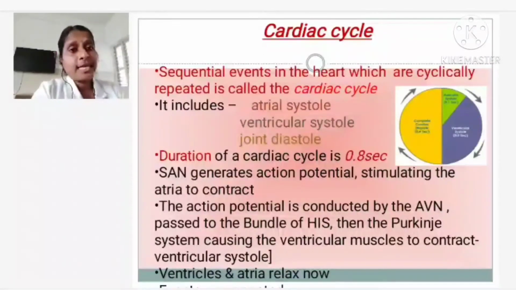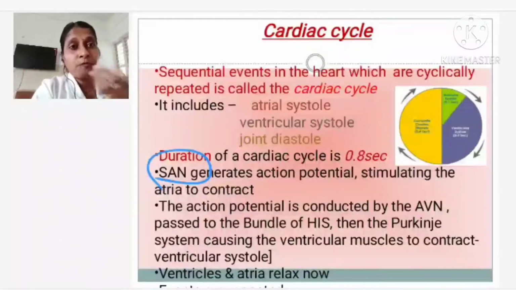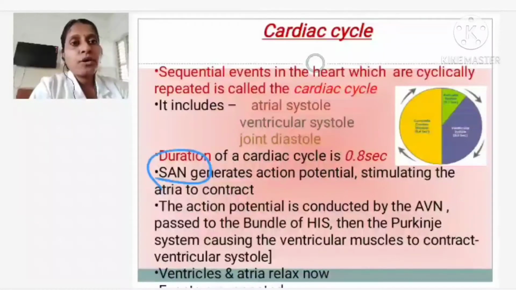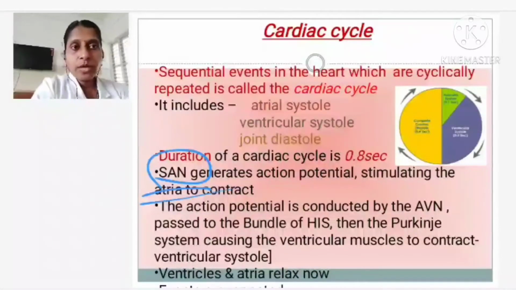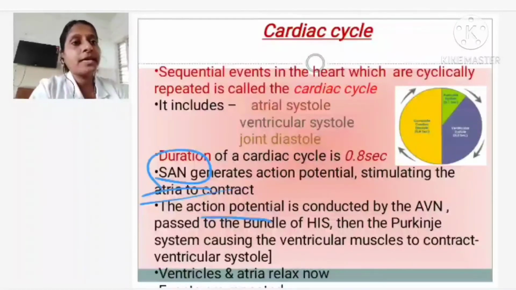You know the SAN, what is SAN? Sinoatrial node, the pacemaker tissue of the heart. So the pacemaker of the heart is generating action potential. I told you, isn't it? They will allow the flow of electrons, and they will stimulate the contraction of the atria, or the auricle. This potential, that impulse, is conducted to whom?